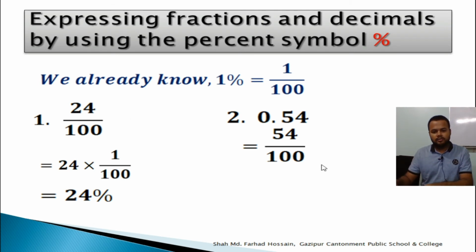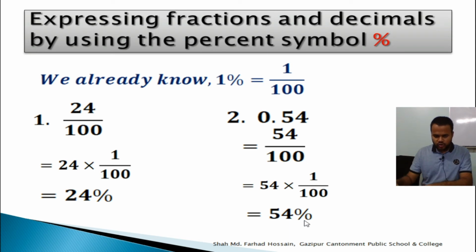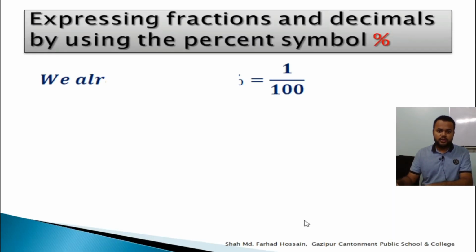If we rewrite 54 by 100 as 54 into 1 by 100, and 1 by 100 equals 1%, then we can say that the value of the given decimal is 54%.